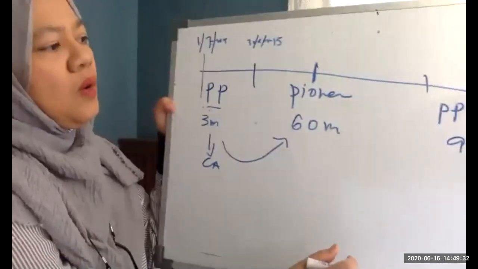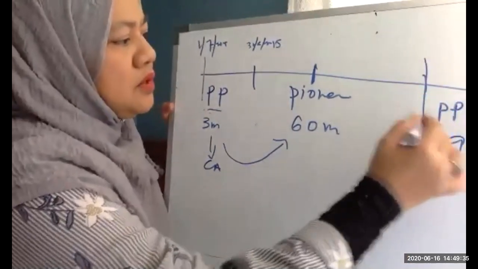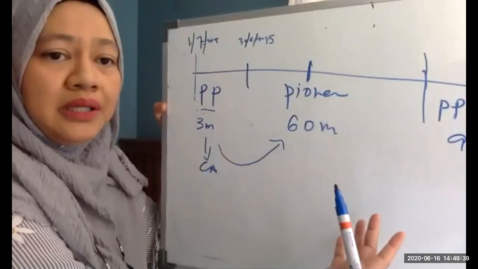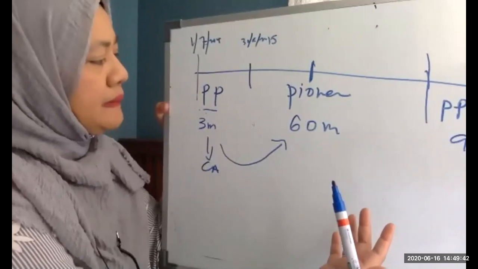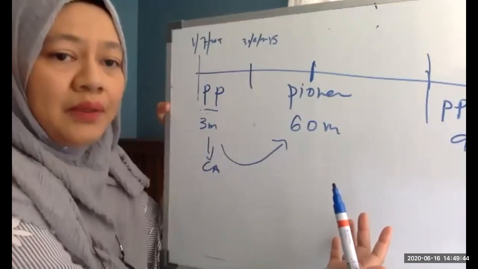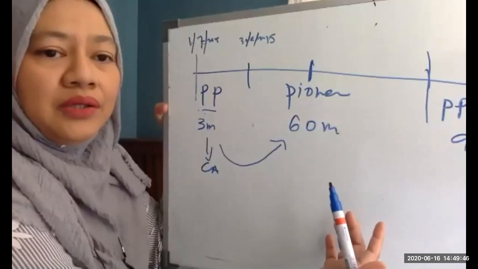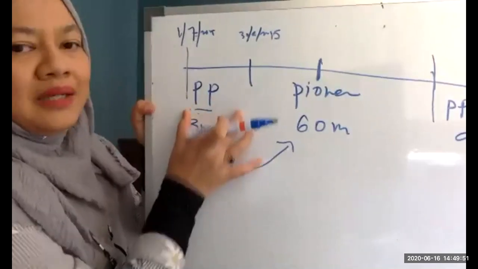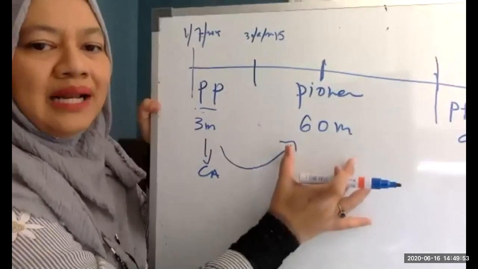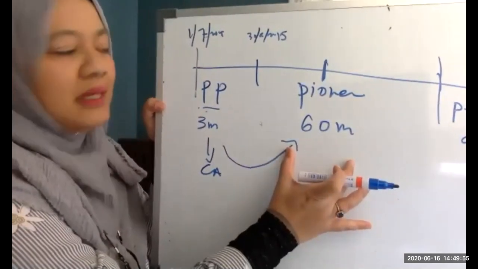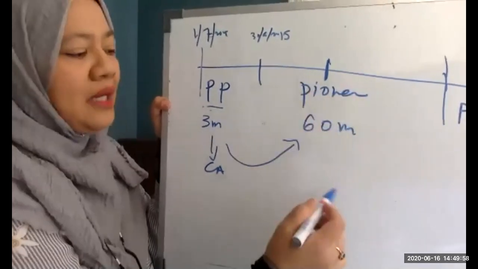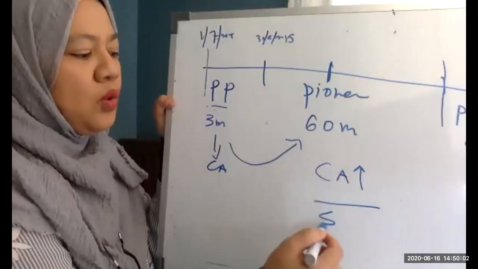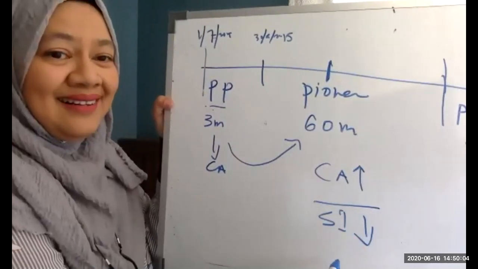Then you claim as normal for capex incurred during the 5 years period. It's just that if you incur it during the pre-pioneer period, it's deemed that you claim it in the pioneer period. So the CA that you claim during the pioneer period will be higher. So when CA is higher, you will get lower SI, isn't it?